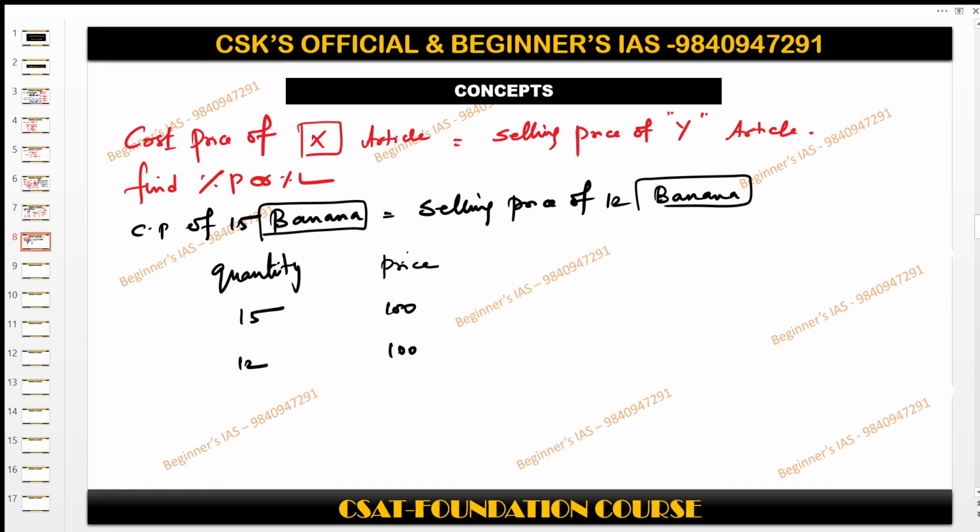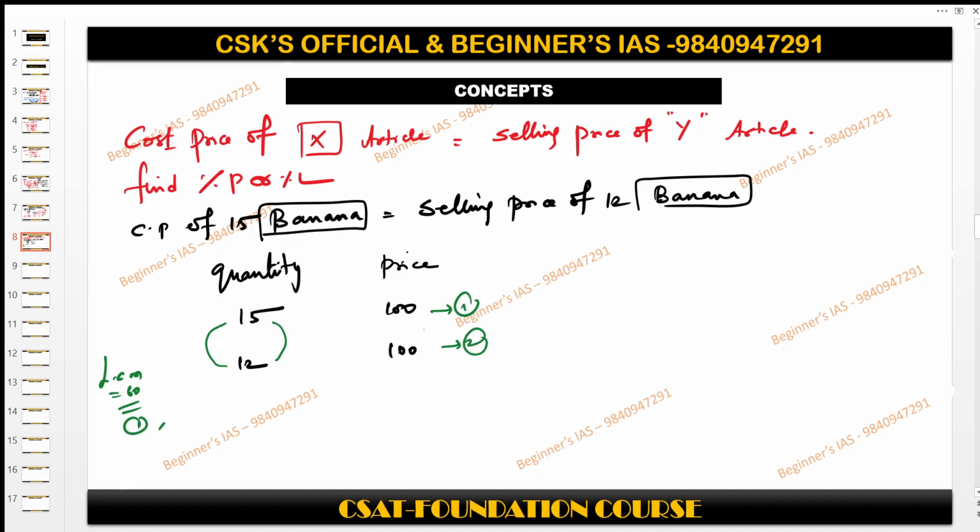Now we have to make the quantity the same. In order to make the quantity the same, we can take the LCM. So LCM here is nothing but 60. Or else you can multiply like this. If you know the LCM, that is better. Then take this as the first equation, and this as the second equation.